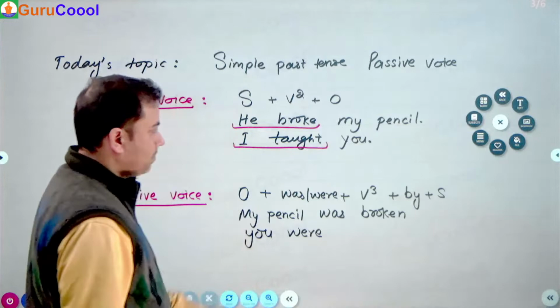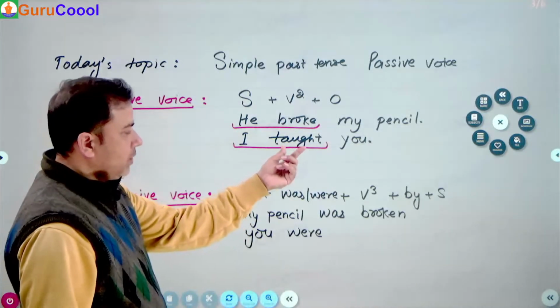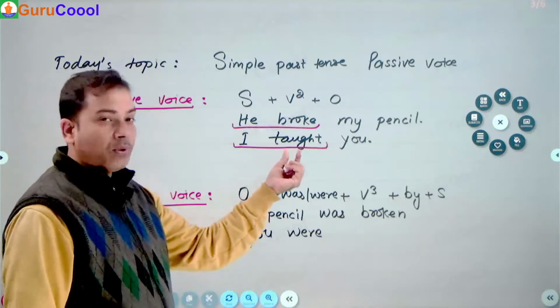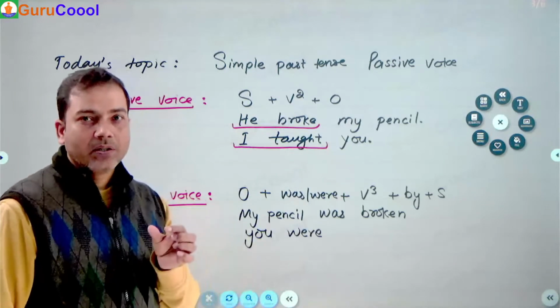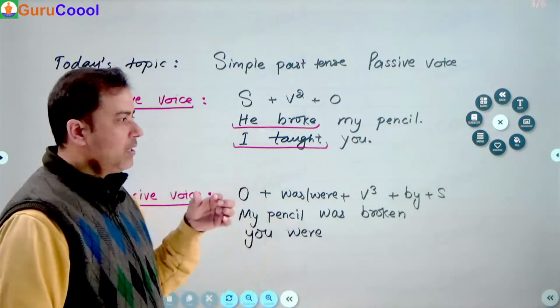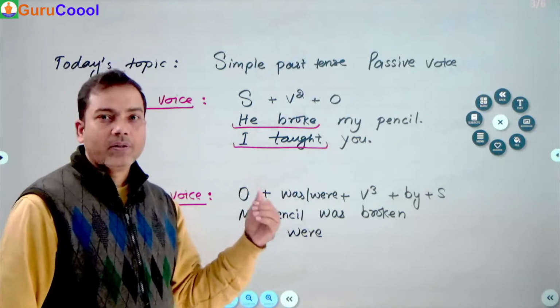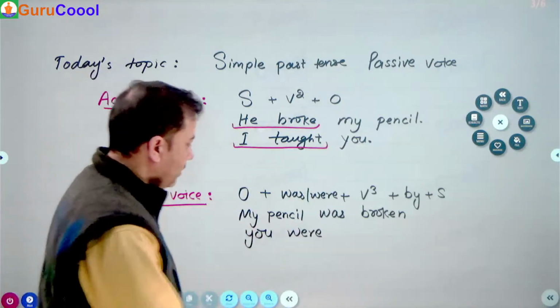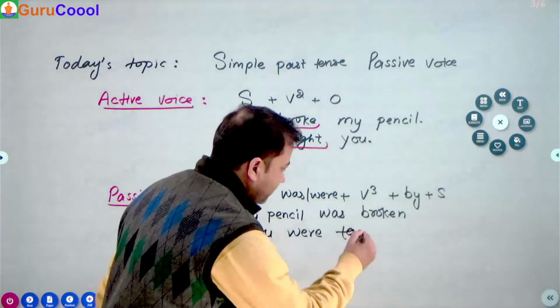You were. Then V3 comes of this one, and by chance the V3 of this word is the same. Teach, taught, taught. Teach is V1, taught is V2 and V3 both. So V3 will be the same here. You were taught.